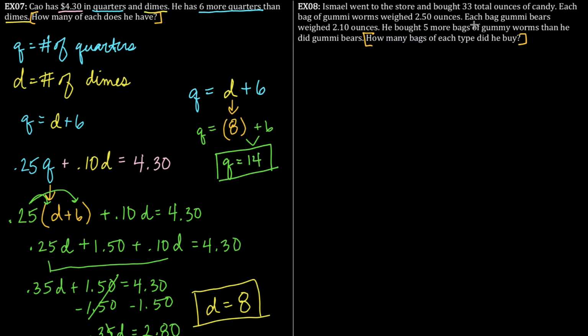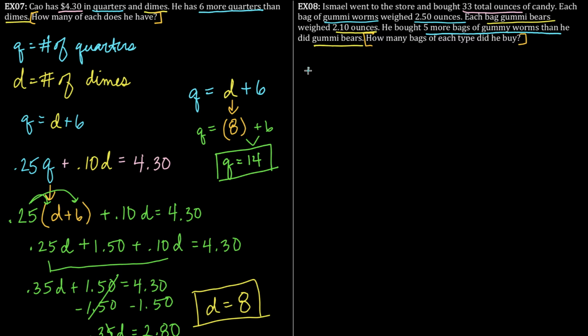So we know that there's a total of 33 ounces. Each bag of gummy worms weighs 2.5 ounces. Each bag of gummy bears weighed 2.1 ounces. He bought 5 more bags of gummy worms than gummy bears.